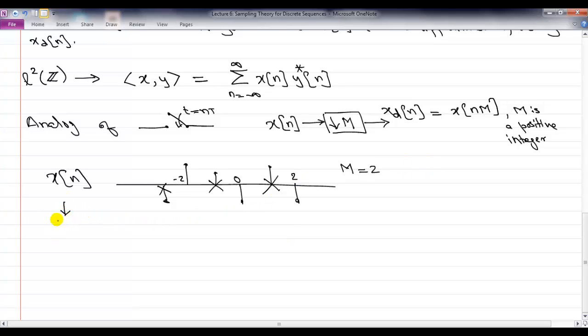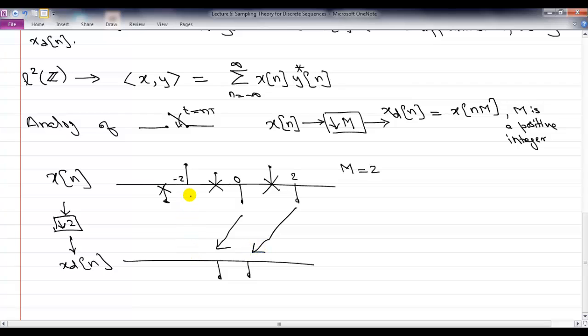So after I pass this xn by this factor of 2 downsampling or decimation, I get back xdn, which is simply 0. So this comes here, this comes here, this comes here. At -1, its value will be this.